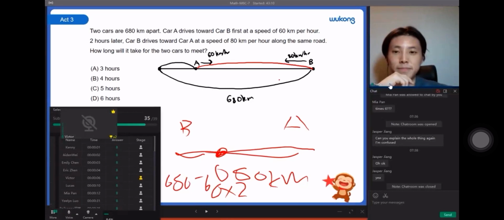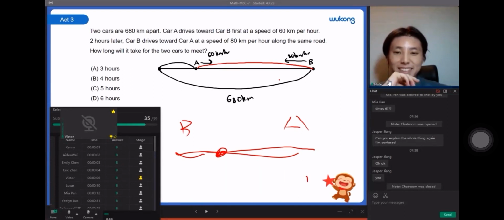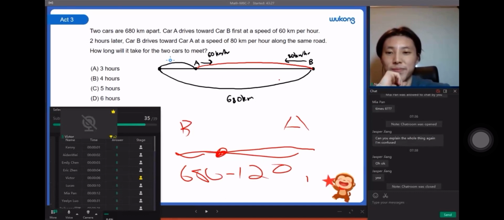So that would be 680 minus 120, which would be equal to 560 km.